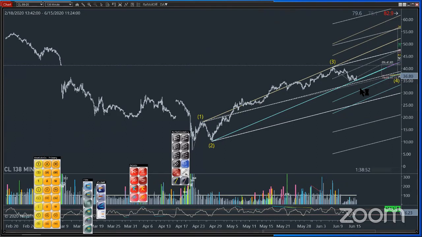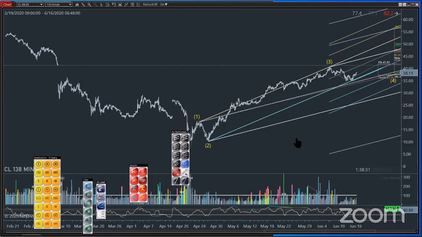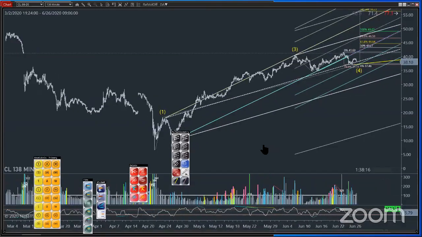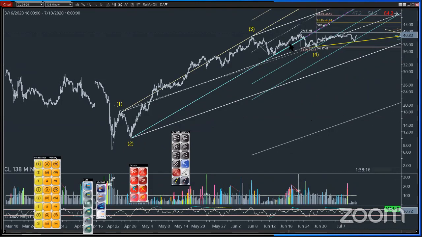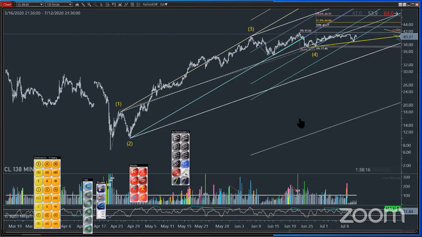And a lot of times when it's really beautiful, crystal clear, that swing low will occur right where that median line is intersecting the channel line. So it kind of makes you wonder if that's not the end of wave 4 here, and this is the beginning of the ending diagonal fifth wave, or maybe just an extended fifth.